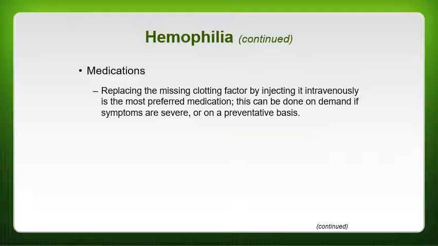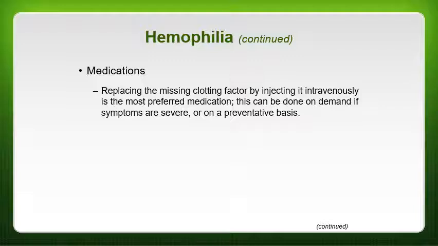This is going to be a little different than what we've talked about before, because here we have specific medications, since essentially what you're looking to do is replace the missing clotting factor. Replacing the missing clotting factor by injecting it is the most preferred. Again, it can be done on demand or on a preventative basis.